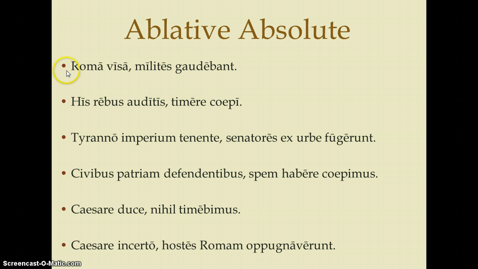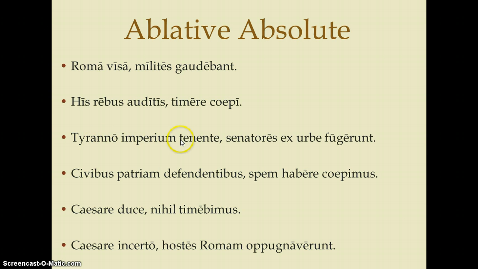And our ablative absolute, we want to translate as a phrase first, with the noun, perfect passive participle, having been participled. So with Rome having been seen, the soldiers were rejoicing. Okay. And again, we'll skip example number 2. You should put this in your notes though, but let's go to number 3.